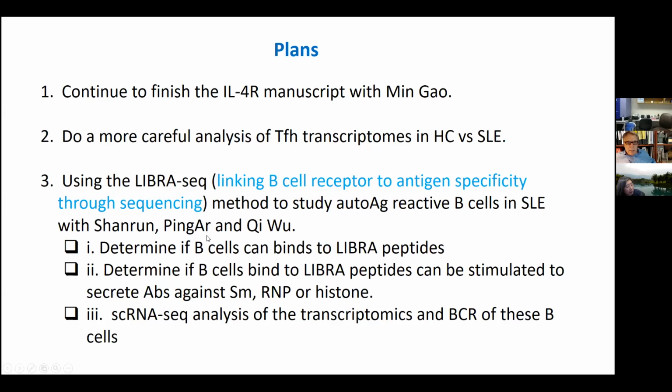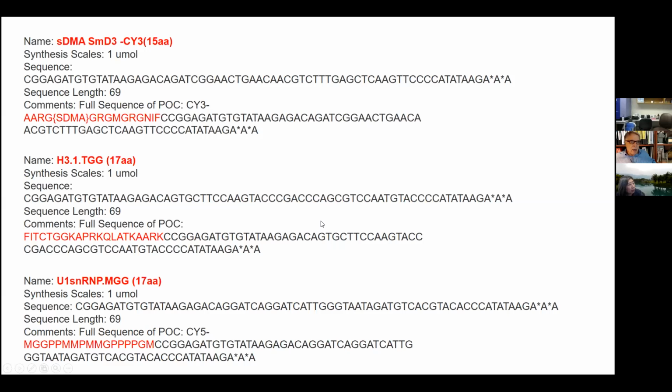So the Libra-seq was SM, right? Well, we ordered these three. Right. So with Sharon's help, we designed these three: the Smith D3, Histone 3.1, and then U1SMP. So these are the three antigens we have.